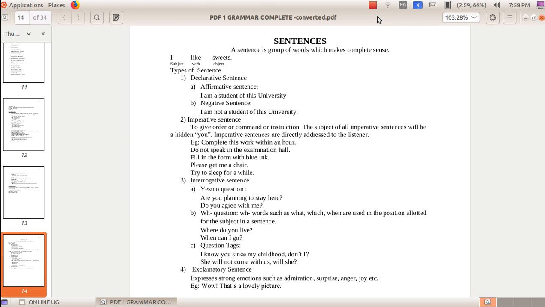Then the kinds of categories that come under imperative sentences. The third one is the interrogative sentence, and you have three subdivisions: yes or no, WH question and question tags. And the exclamatory sentence, formed by making use of interjections, gives you a chance to express sudden feelings and emotions. So this is all with the basic sentence types in English. That's all with that portion. Thank you.